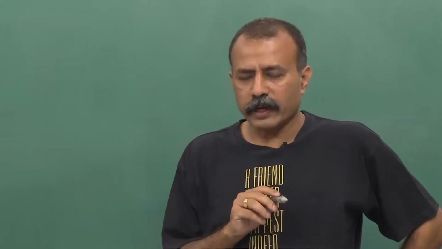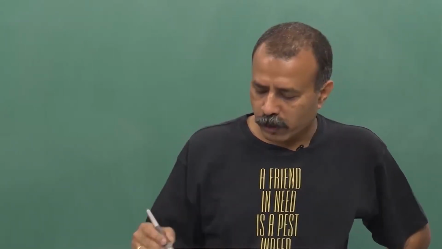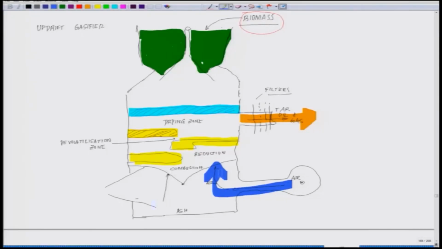So, this is the devolatilization zone, and your air supply is coming all the way from the bottom like this. This is why it is called an updrift system. And here is your combustion zone, where you are doing the combustion process, and all the reduction is happening here. Since the movement of air is from bottom to up, we call it an updrift system.